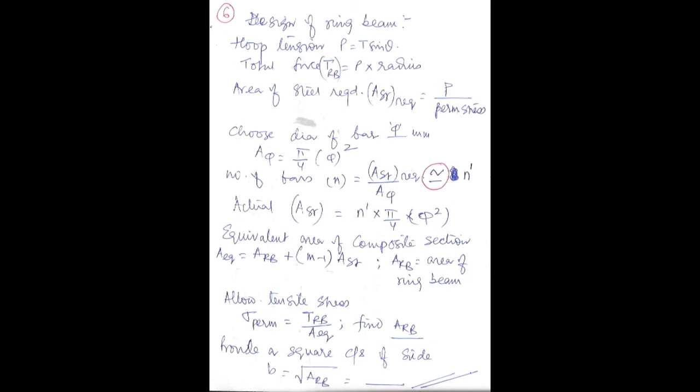So from there you find out ARB and provide a square cross section of side B equal to under root of ARB, because if you assume a square cross section of side B, the area is B square. So the side you can find out by under root of ARB.